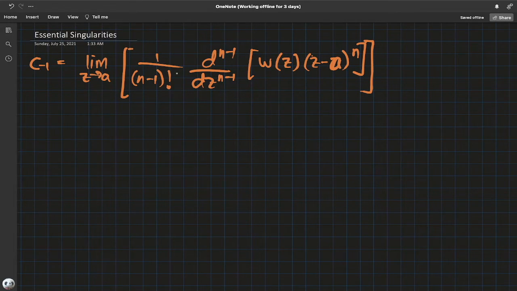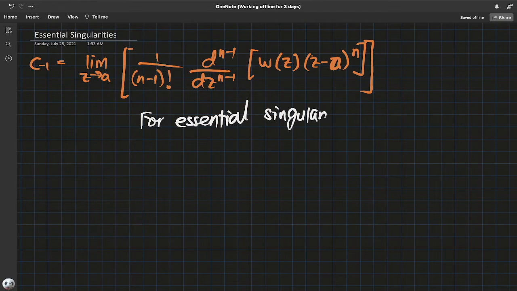Well, the issue is that we can't use this formula because for essential singularities, if you remember my last video, and again I urge you to watch that because this won't make sense without it, we had this order n for how negative your power can get in the Laurent series expansion. This goes to infinity, so there's no limit to how negative it can get. You have all the negative powers from the Laurent series.